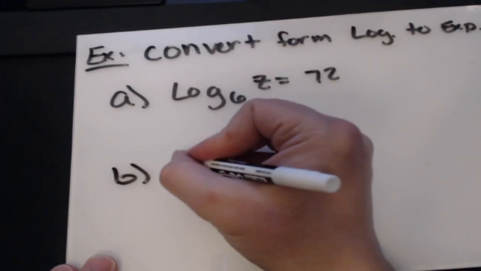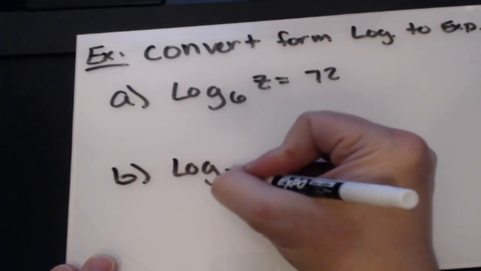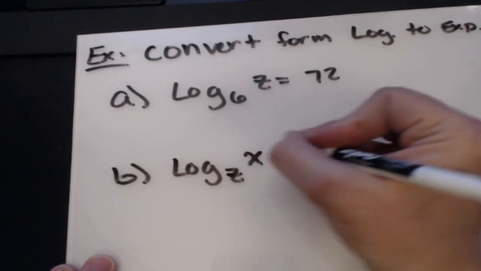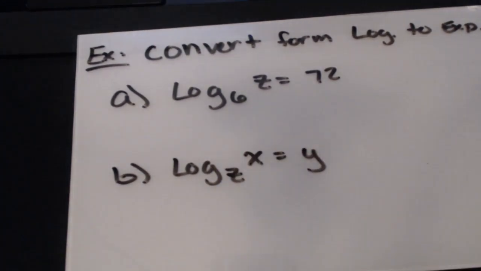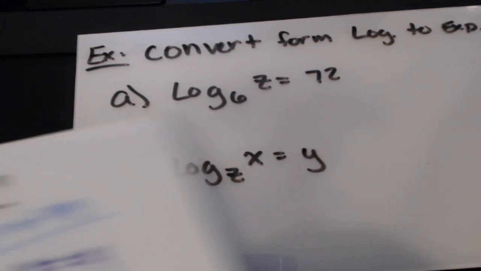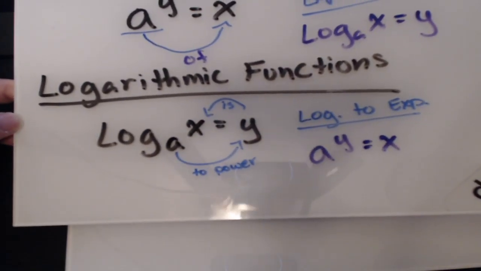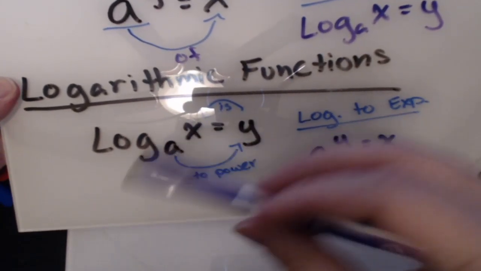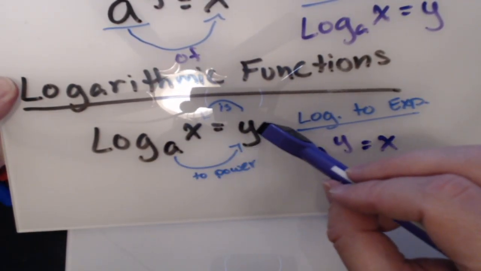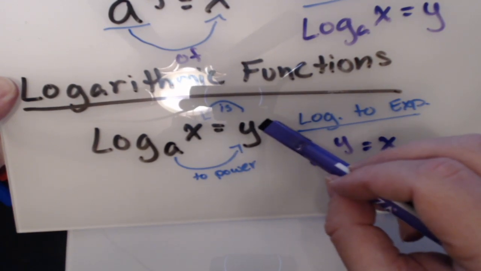B: log base z of x equals y. Again, you can follow the same idea that we wrote out on our previous board: if I want to go from logarithmic form to exponential, my base gets raised to the power of what's on the other side. The equals is the "of."